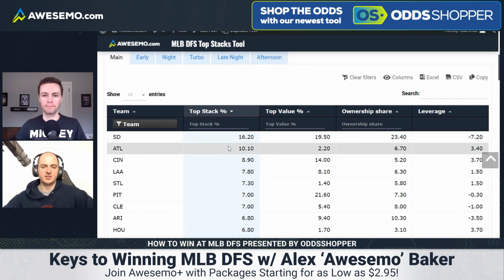So the one thing is generally building a stack against a really good pitcher or a really good pitching spot in general is not the most profitable way to build a lineup, just because that can be a low percent chance. And just because the starting pitcher on the other side does a little bit worse, that doesn't mean that you're going to get the highest scoring stack. There's still a lot of other things that have to go right.